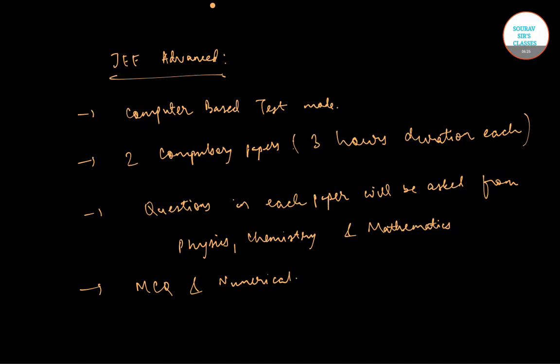Some questions may have multiple correct options, in which case the candidate needs to get all the options right to get full marks. If candidate gets only one or few of the options right, then partial marks will be awarded. If no attempt is made, 0 marks will be awarded.